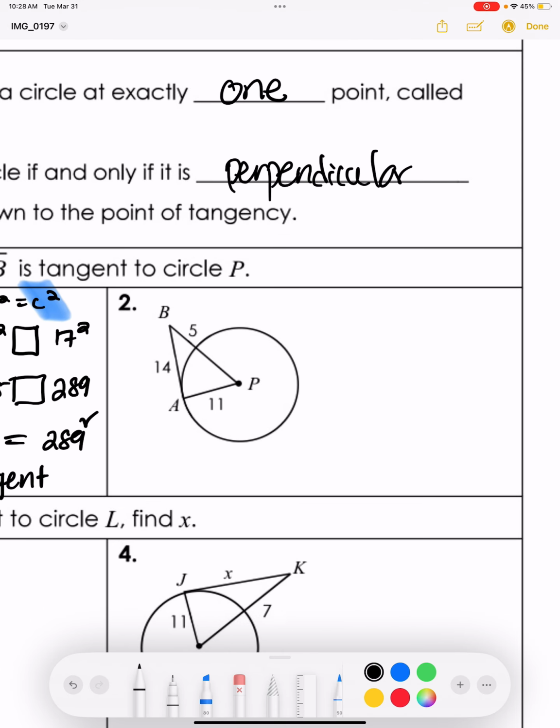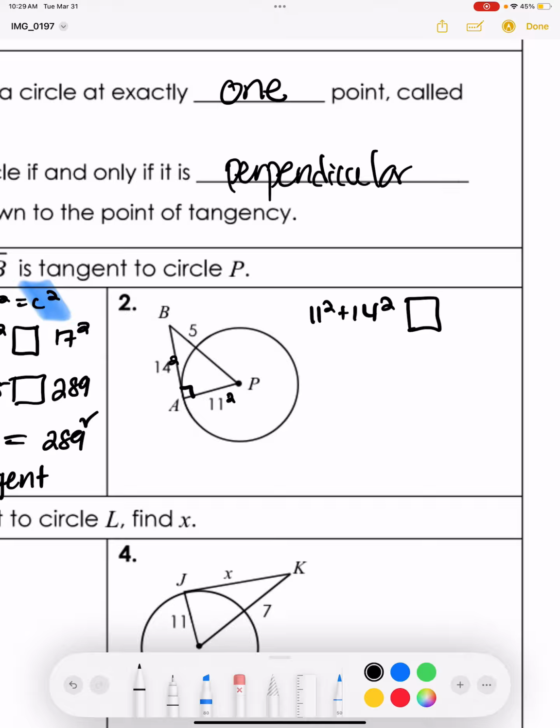So that's honestly what we're doing. We're just checking if AB is a tangent, yes or no? That's what you're deciding. So the right angle would be here. So we should do 11 squared plus 14 squared. What does it equal?